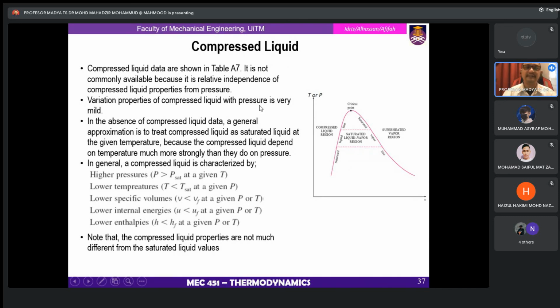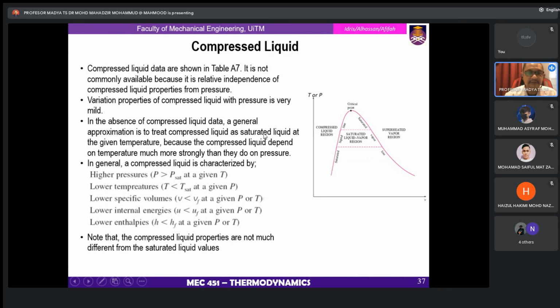It is not commonly available because compressed liquid properties are relatively independent of pressure. It is not so important in thermodynamics, but you have to know how to calculate if a compressed liquid phase is asked as a case.